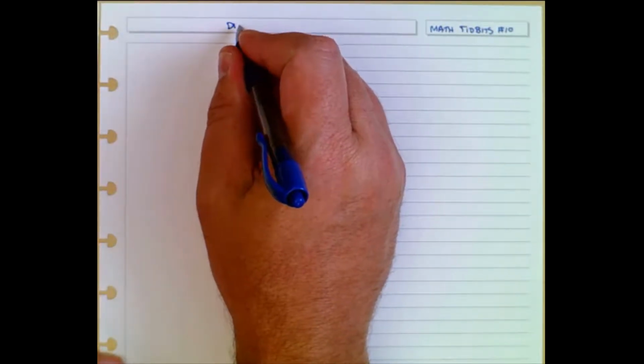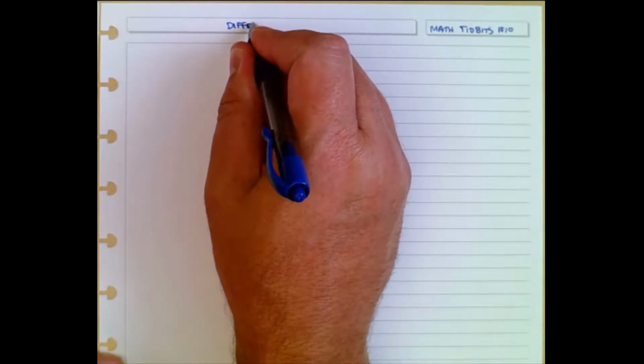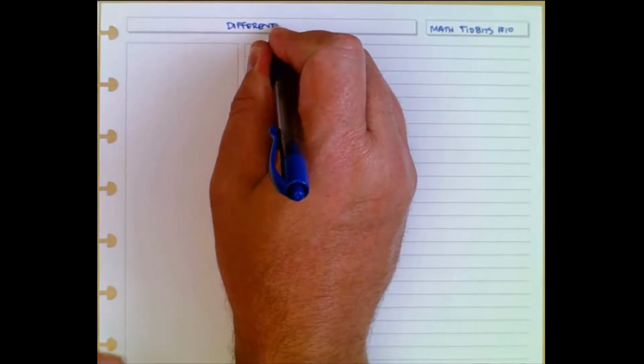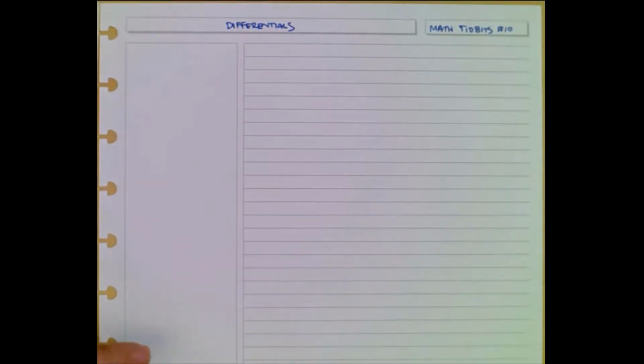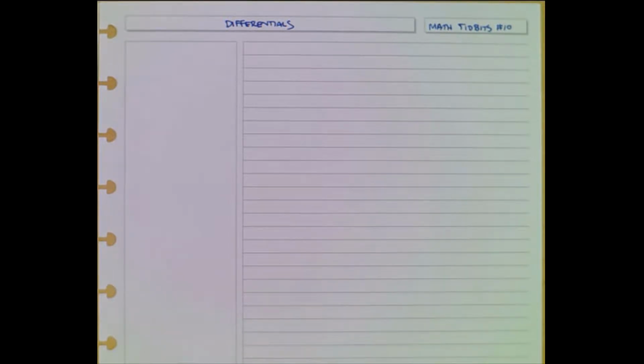And I'm going to cover pretty briefly an important subject, differentials. It's commonly helpful, and this follows very much on the heels of our number 9 video on approximations, to be able to approximate the change in some function f of x when x is changed to x plus delta x.